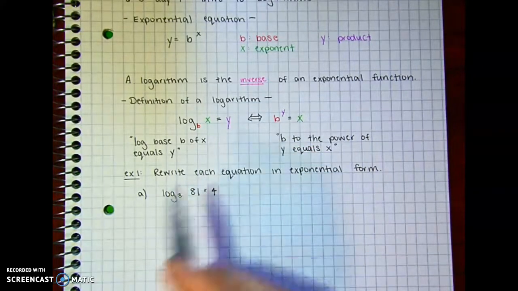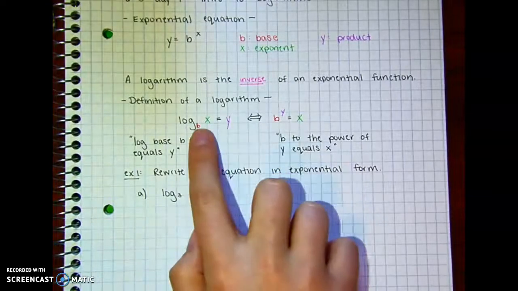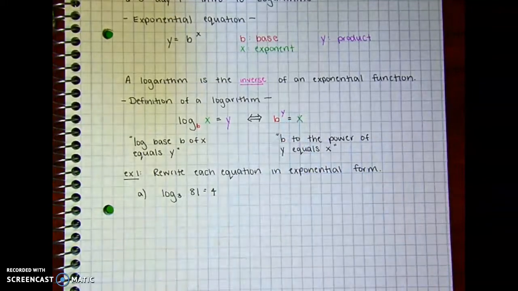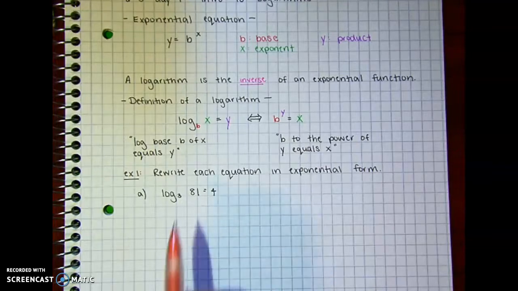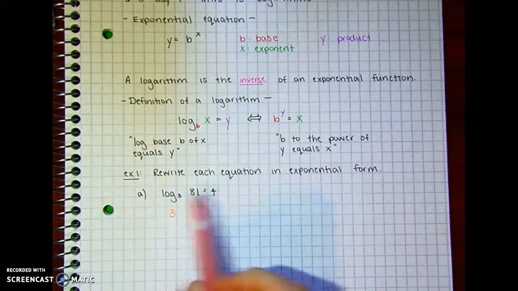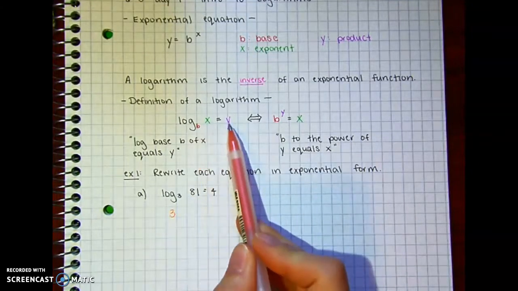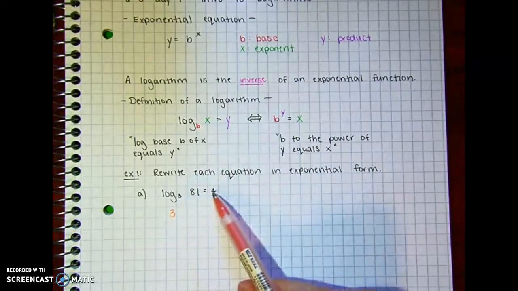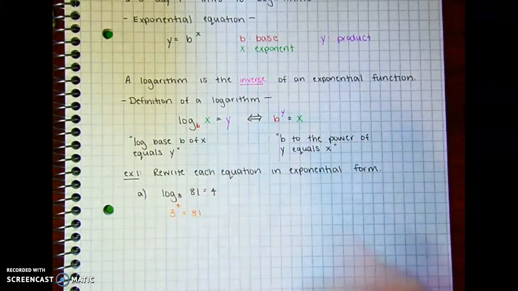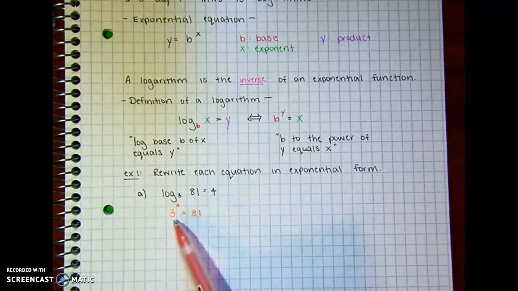To rewrite this, the base of the logarithm becomes the base of the exponent. So my base of the exponent will be 3, and then it's going to be to the power of what it currently equals, so b to the y, 3 to the 4th equals 81. So that's rewriting this as an exponential.